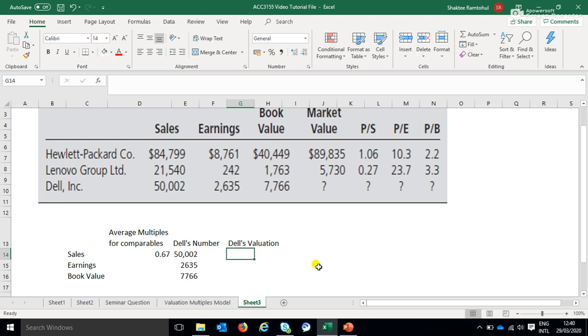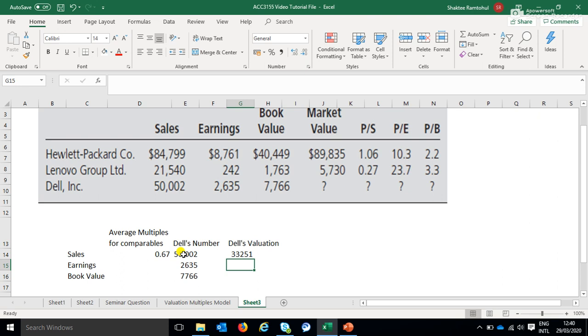And to get Dell's valuation, at least using the price to sales ratio, we take this figure, 0.67, and multiply by Dell's sales figure. And we get some sort of valuation.